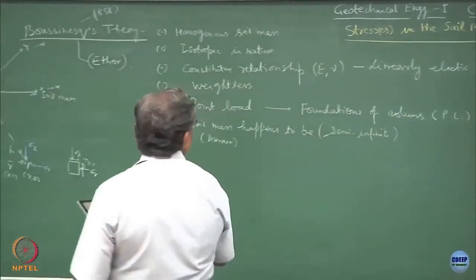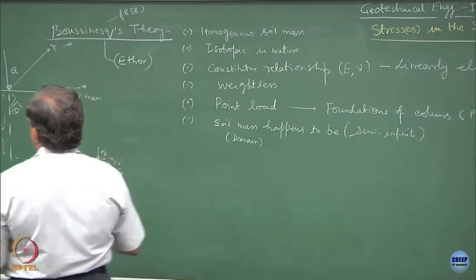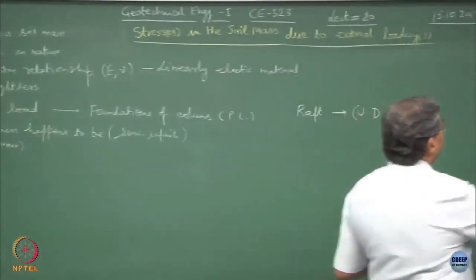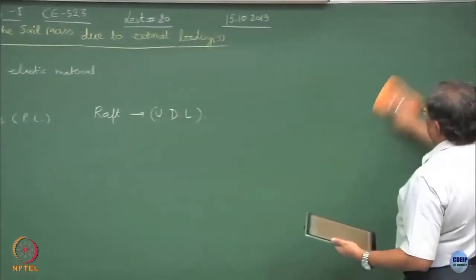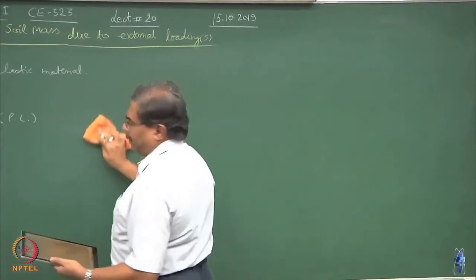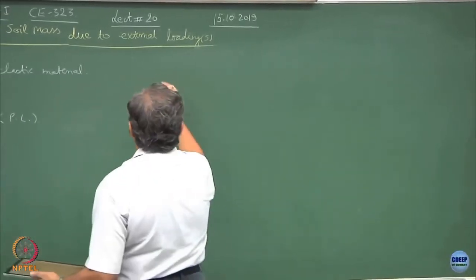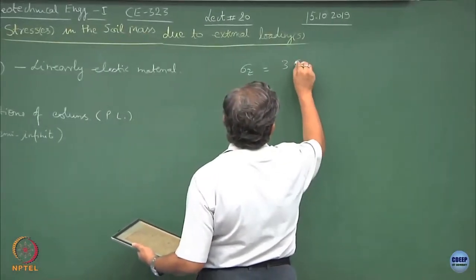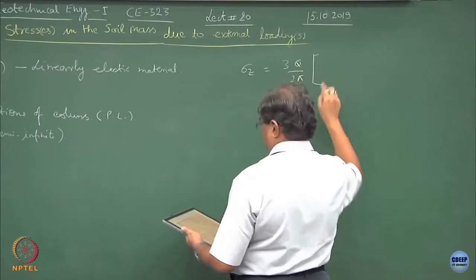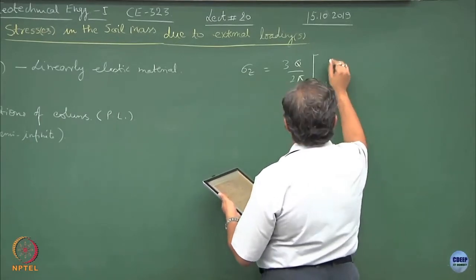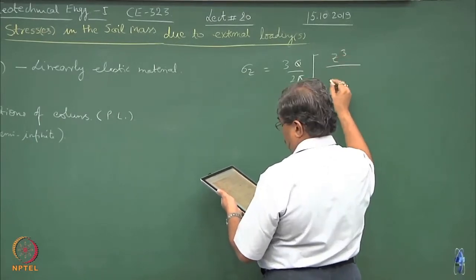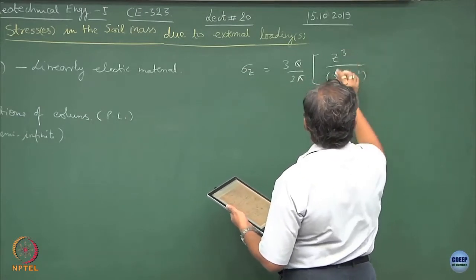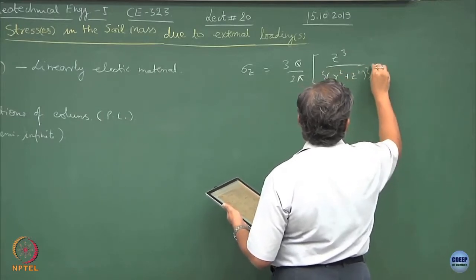So, as per Boussinesq's theory, the equation for the point load is sigma z equal to 3Q upon 2 pi into z cube upon r square plus z square to the power 5 by 2.